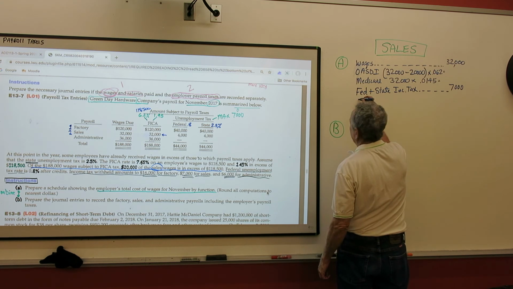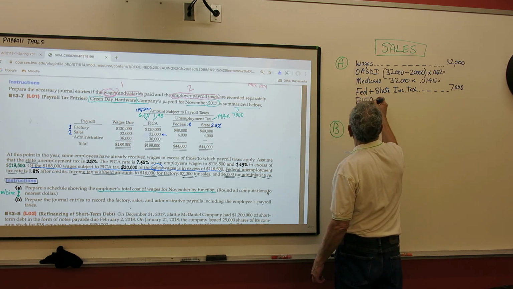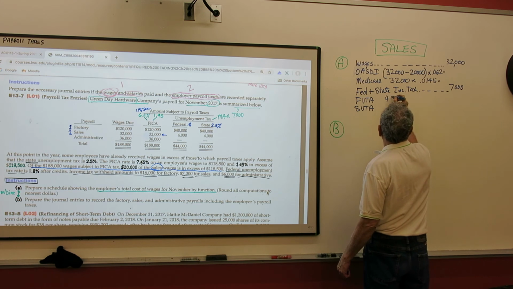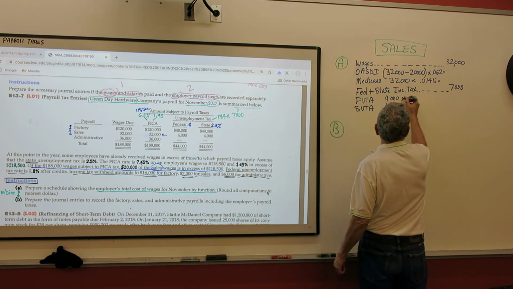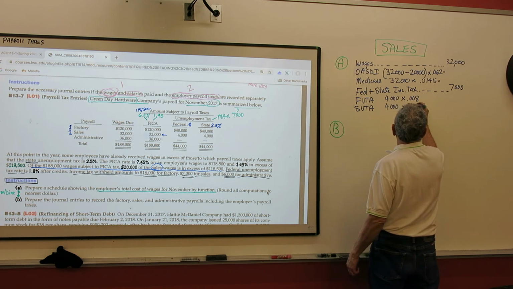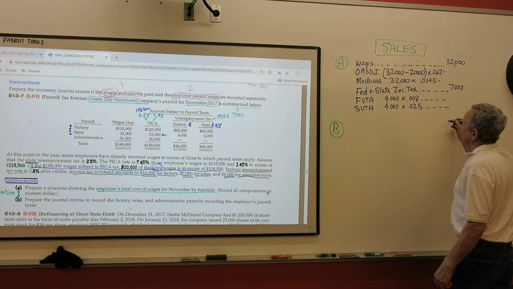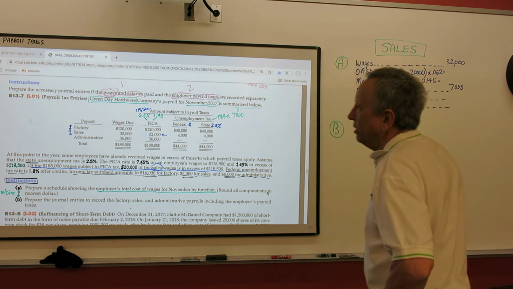So how did we do it over there? We did FUTA and SUTA in this order. We'll just take 4,000 and 4,000. The FUTA federal rate was 0.008, and then the state rate times 0.025.